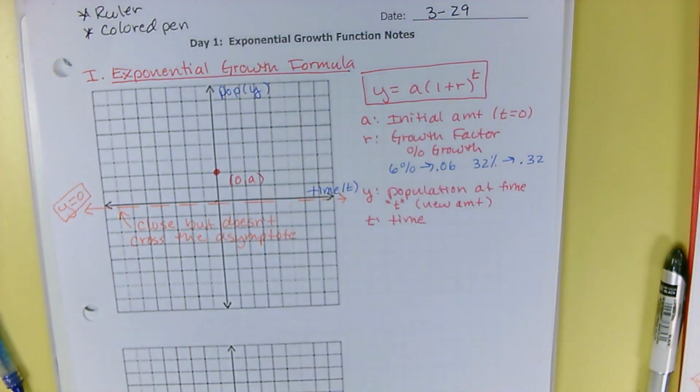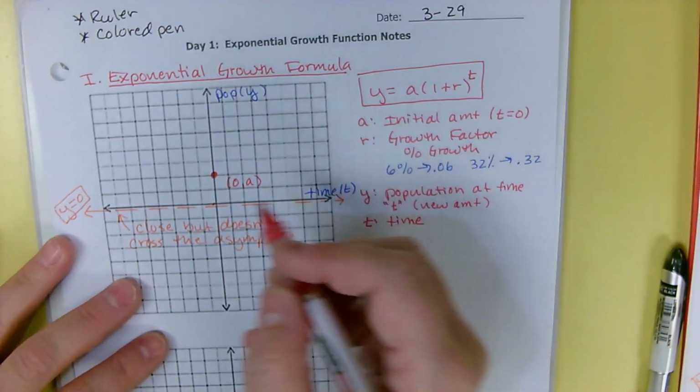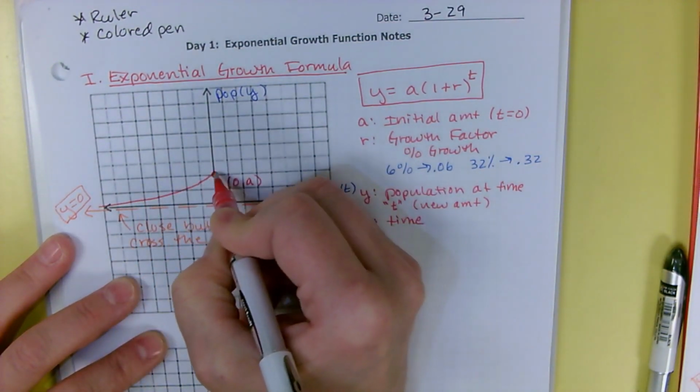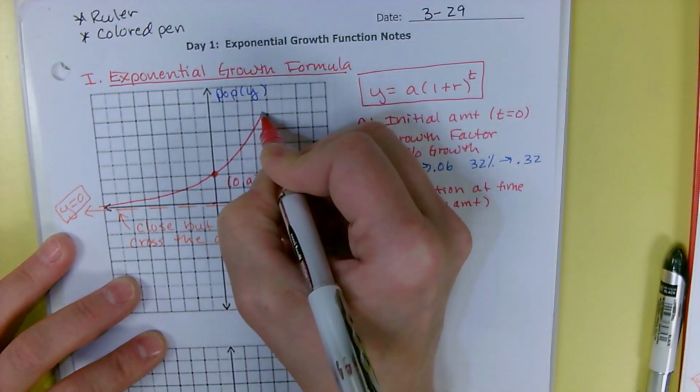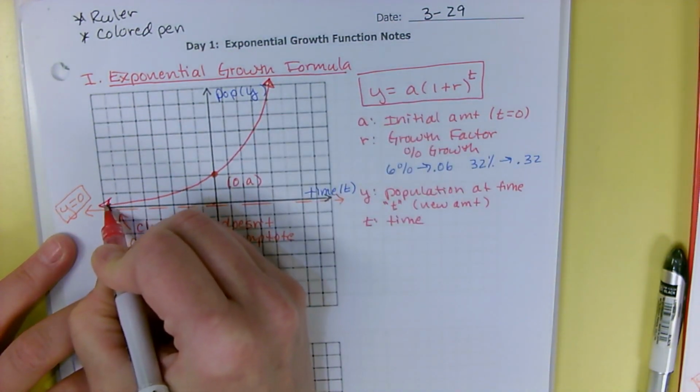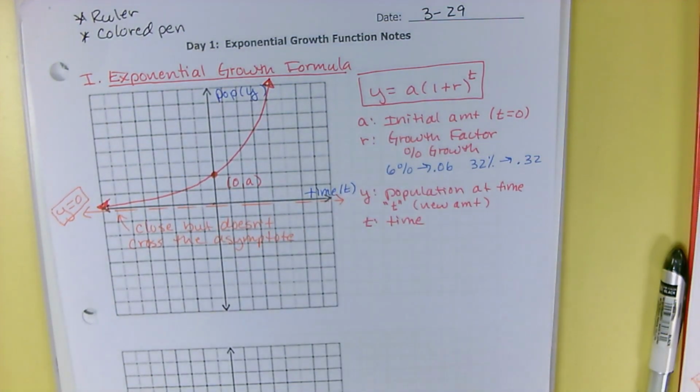That's your initial factor at t equals 0. And then the whole curve is kind of flat looking, and then it gets steeper, steeper, steeper without ever really straightening out. It just gets flatter on the left and steeper on the right. And it goes upward because that is a growth equation.